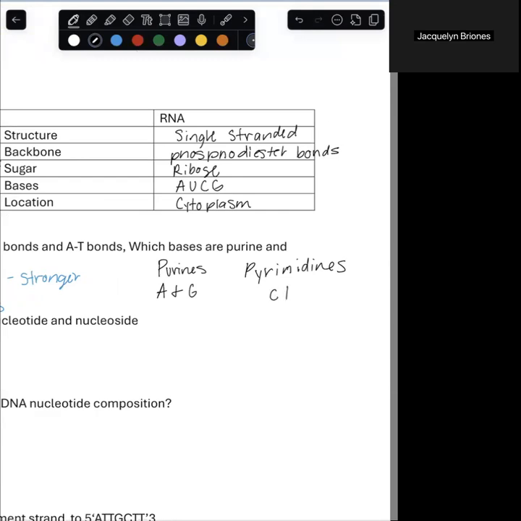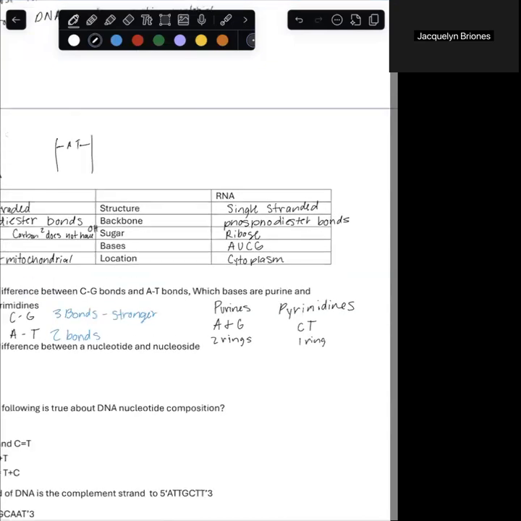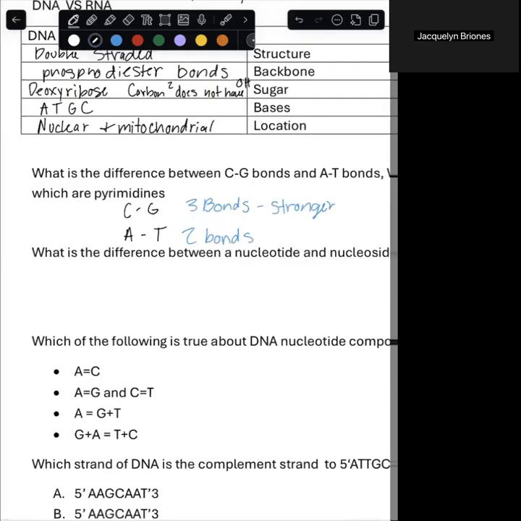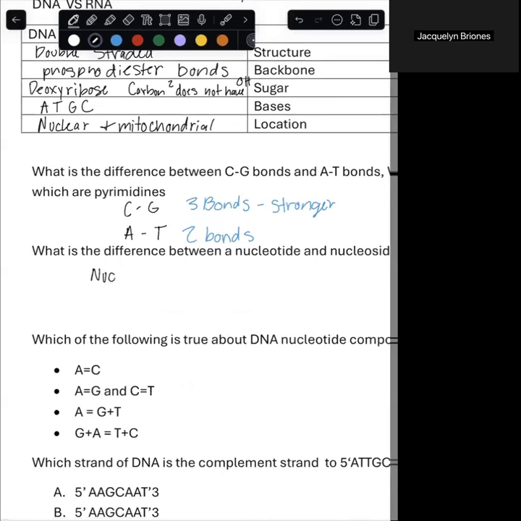Yeah. So our purines have 2 rings, and our pyrimidines have 1 ring. Okay, what's the difference between a nucleotide and a nucleoside? So a nucleoside is a base and a sugar.